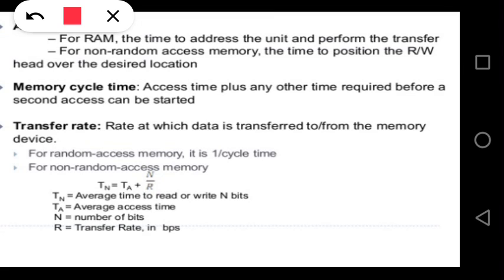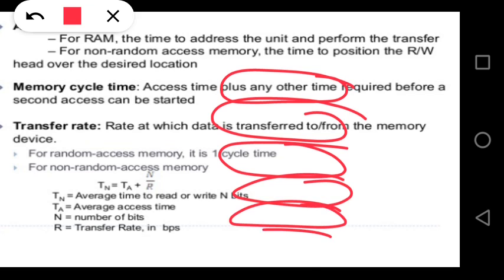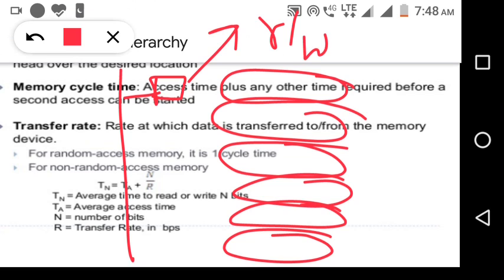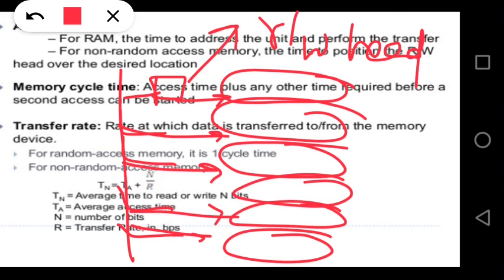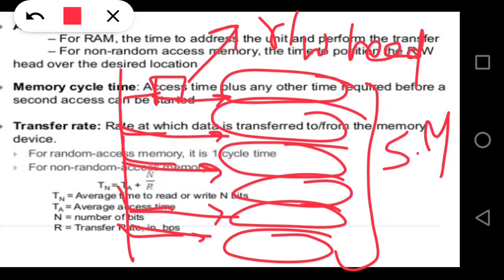If these are magnetic disks, let's assume, and there is a read-write head which can move across each disk. This is called secondary memory. So how can you define access time in this case? For non-random access memory such as magnetic disk, it is the time to position the read-write head over the desired location.